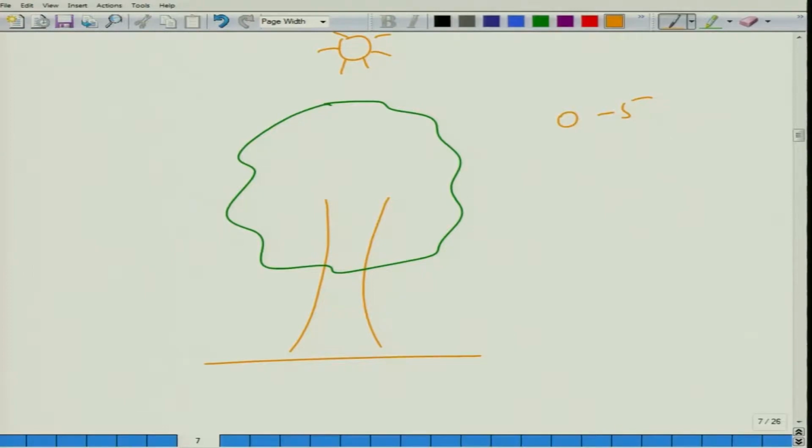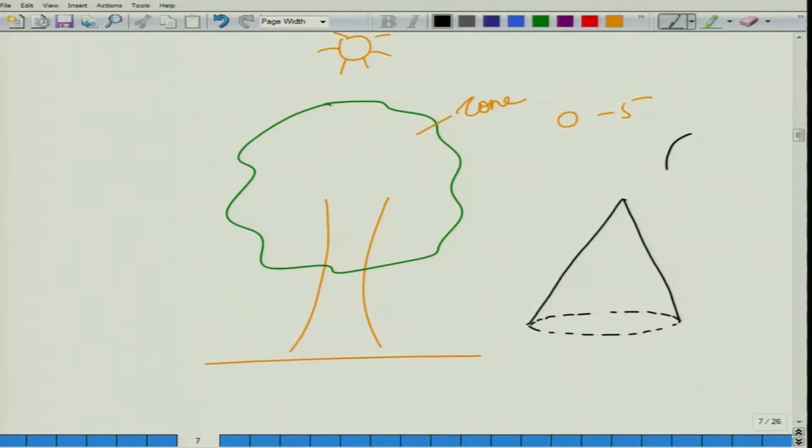We consider this crown as a cone. So, if we draw a cone, we consider the crown to be a cone in this part and we divide it into 5 parts. If we took a top view, it would look like this. This is the vertex and this is the base.